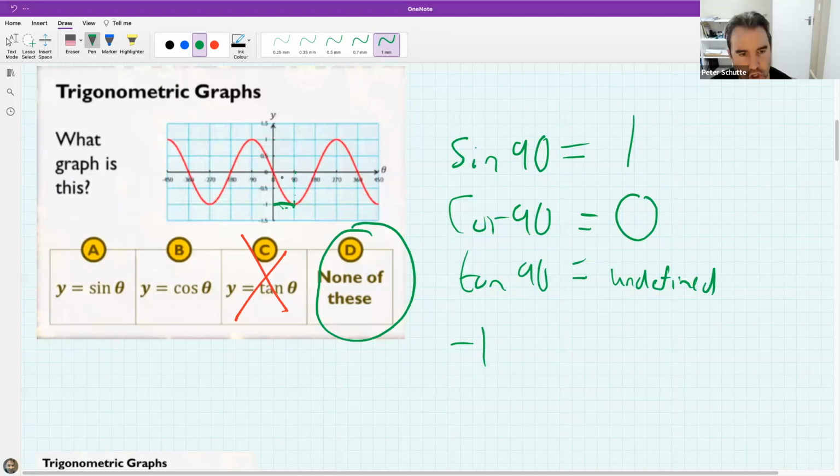The normal sine goes down to 180, down like that and up like that. And so the graph that is the red one is actually just the reflection of that graph.